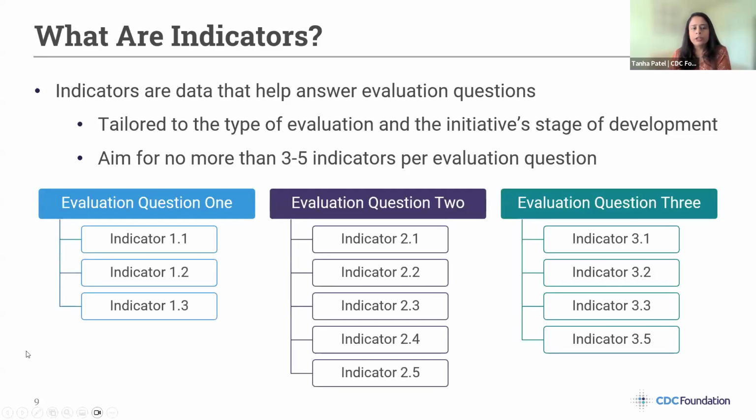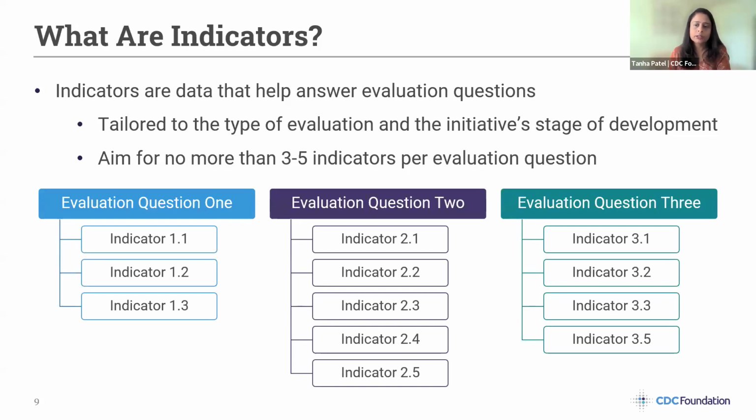For each evaluation question that you have, you should have no more than 3 to 5 indicators that will answer the question. It is possible that some questions will have different ways of answering the question, but you want to prioritize and focus on the most important thing for you to know at this time.